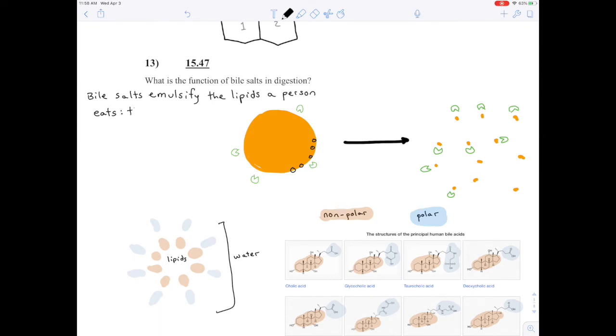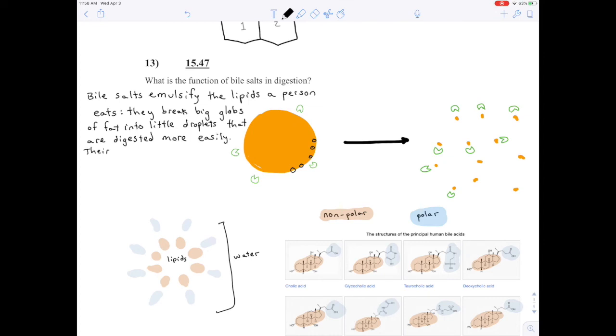They break big globs of fat into little droplets that are digested more easily.